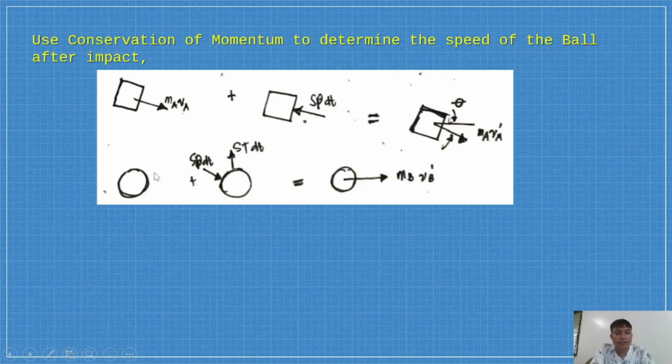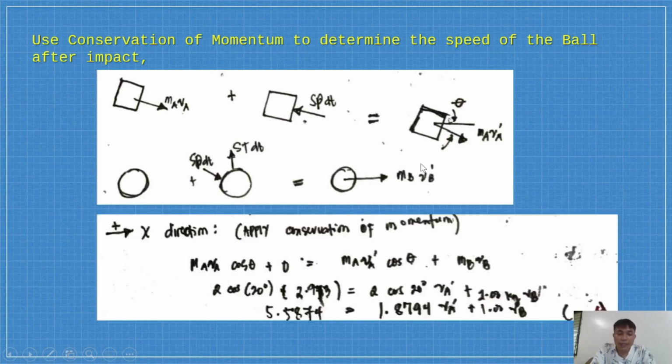We need to consider both bodies that you can see on this screen: the block A and the sphere. For the sphere, the impulse will be equal to the value after the impact, which is mB vB, or vB with an apostrophe.